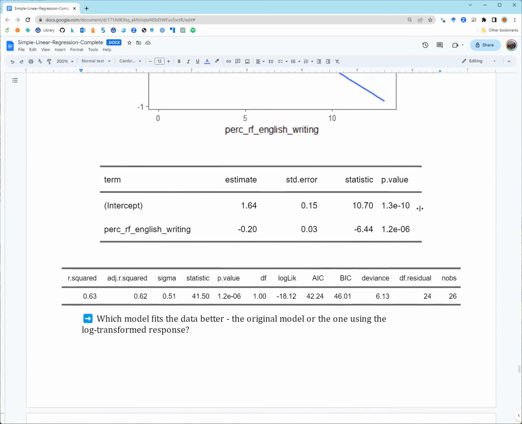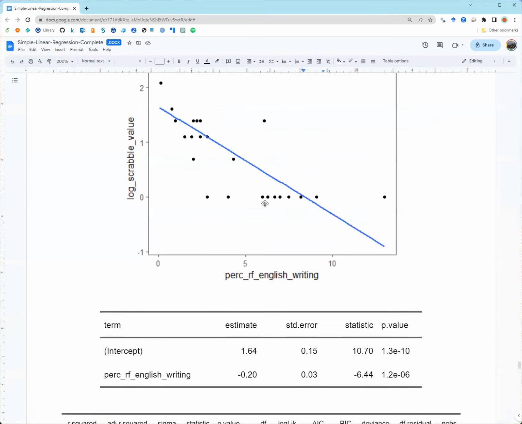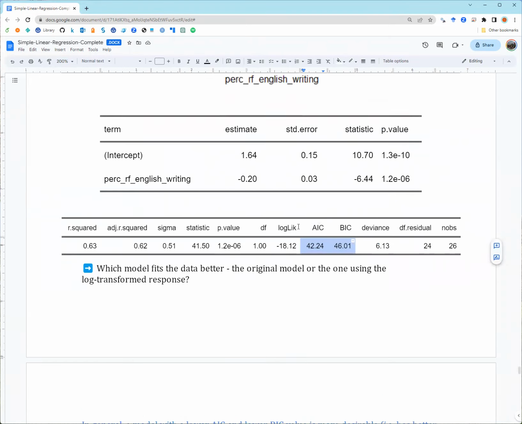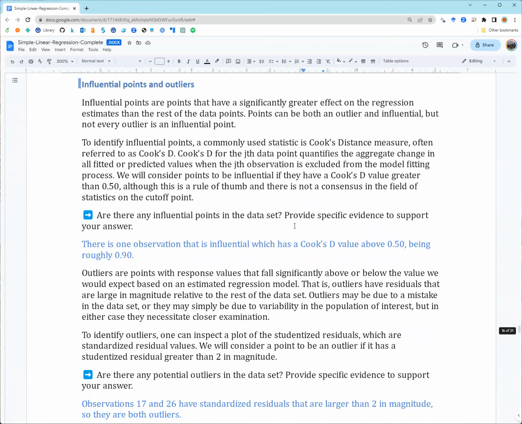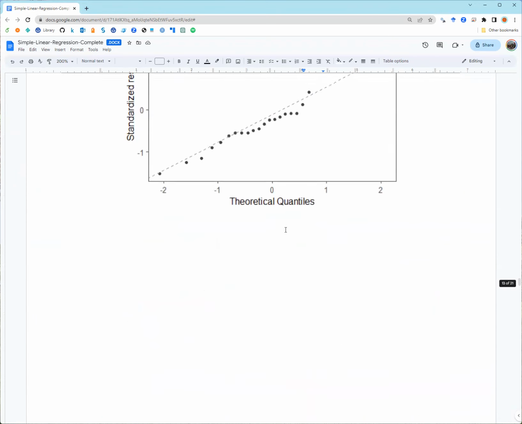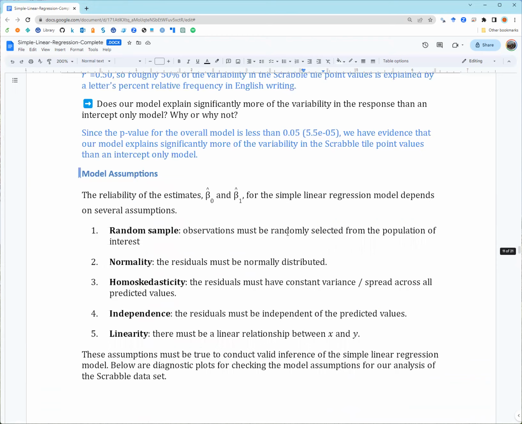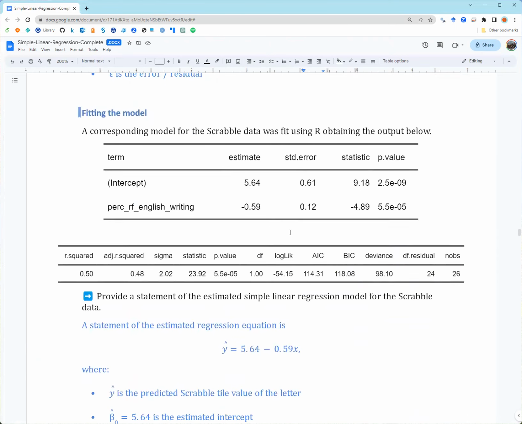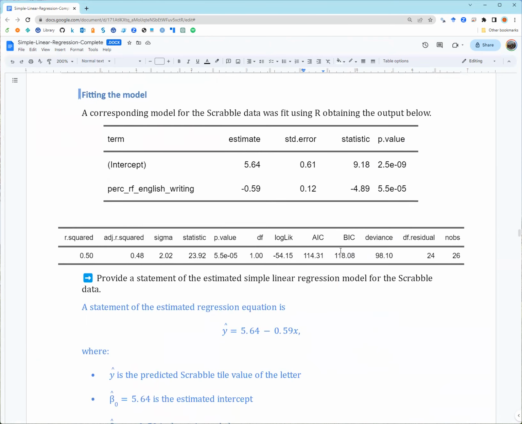Okay. So here, look at these BIC and AIC values for the log transformed model, 42 and 46. If we looked back at our original model, the AIC and BICs were much higher, over 100.